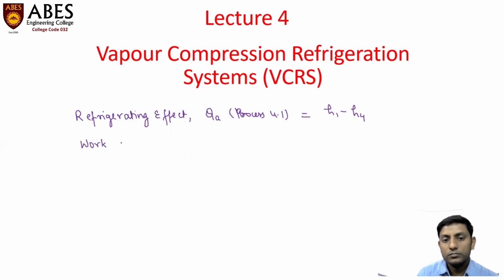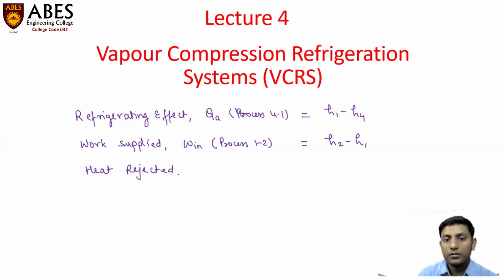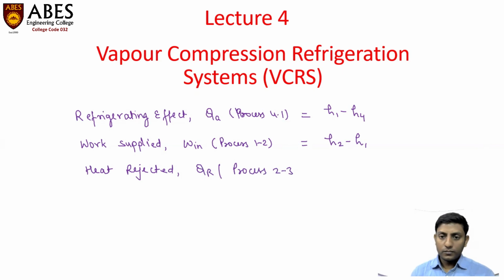The work supplied, WN, involved in process 1 to 2 can be given as H2 minus H1. Similarly, the heat rejected involved in process 2 to 3 can be given as H2 minus H3.